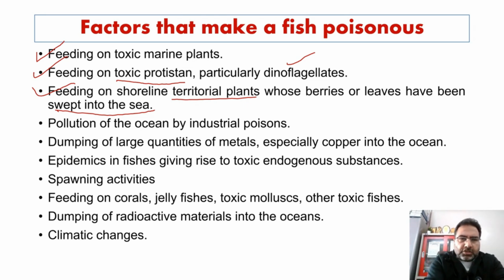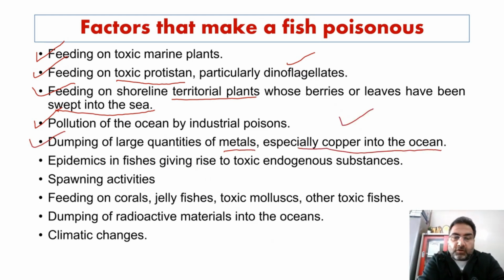Pollution of the ocean by industrial poisons is also one of the causes. Dumping large quantities of metals, especially copper, into the ocean; we call such toxicity heavy metal toxicity. When we talk about industrial poison, it is called pesticide toxicity.